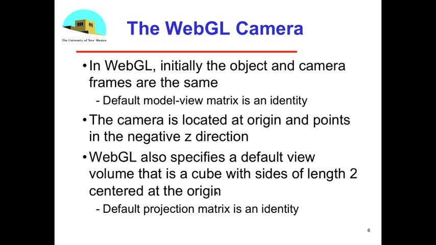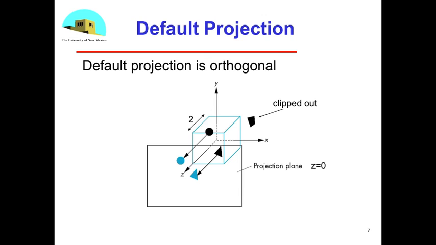So in other words, if you say you're going to use a model view matrix and a projection matrix, you can argue that the default model view matrix and the default projection matrix are just identity matrices, and the camera, if you use the defaults, is pointing in the negative z direction. So here's just a little picture of that. Things that are inside that camera will get projected into this plane z equals 0 and be potentially visible.